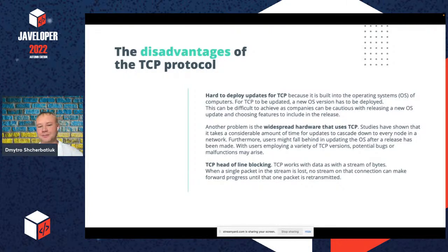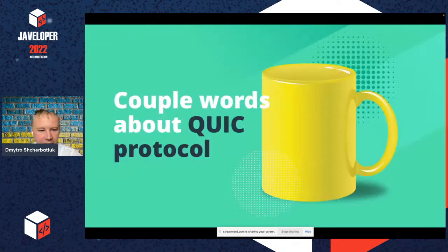And we need to wait for the message for user one to collect this package and then resend to our users. This is TCP head-of-line blocking: it is blocked until the first message arrives.